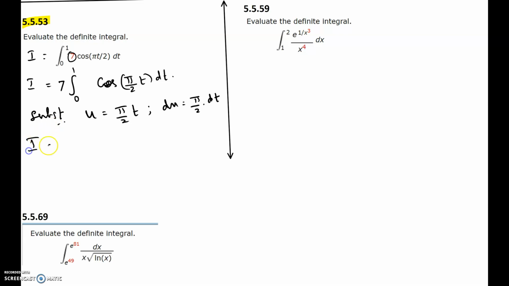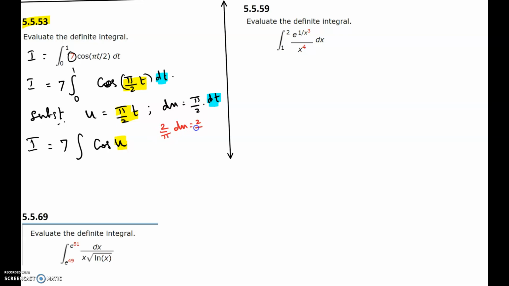So it is 7 times the integral of cosine of u. This part is u. Then we have to consider this part, which is dt. In order to isolate dt, you have to multiply both sides by the reciprocal of pi over 2, which is 2 over pi.